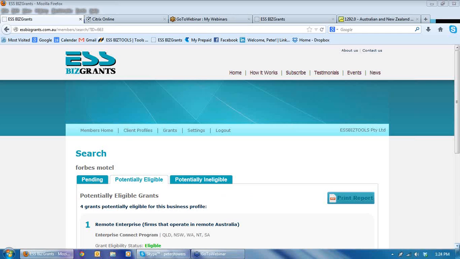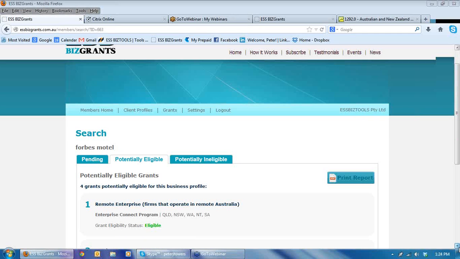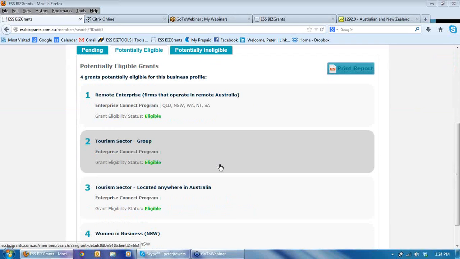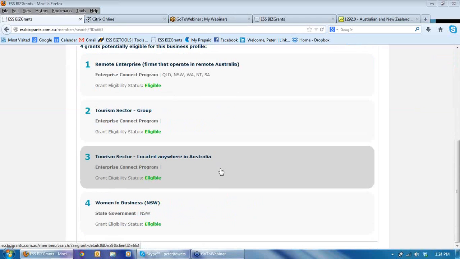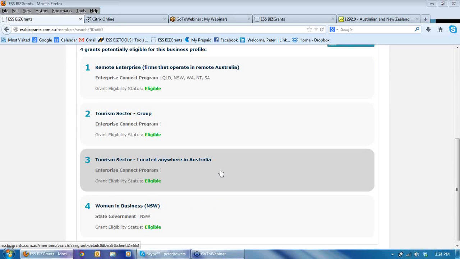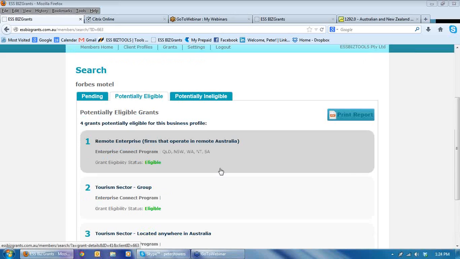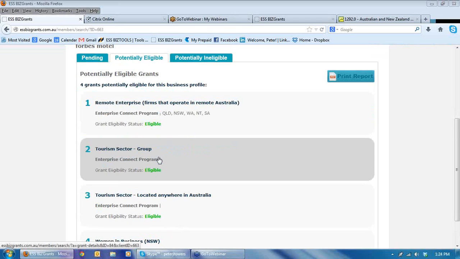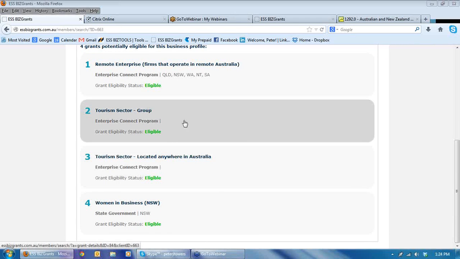Now, we've been working on this before, but what we might look at, so we've got these potential grants that have been open or offered to us. So we could have a remote enterprise or a tourism sector or a tourism sector group. Now, it's worth thinking about groups for a moment, and we'll have a look at that. It's probably the best way to show you.